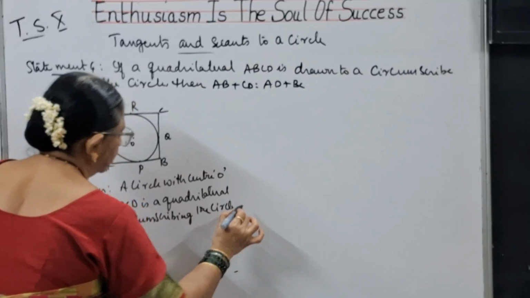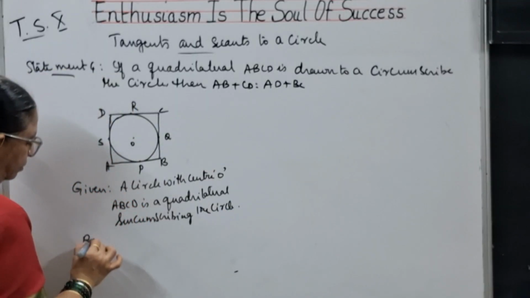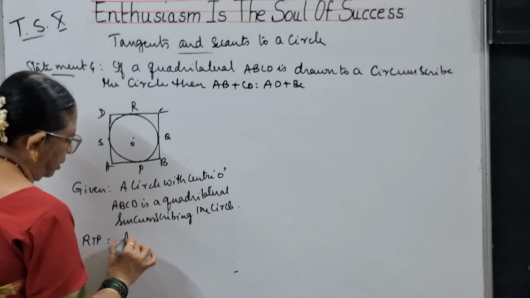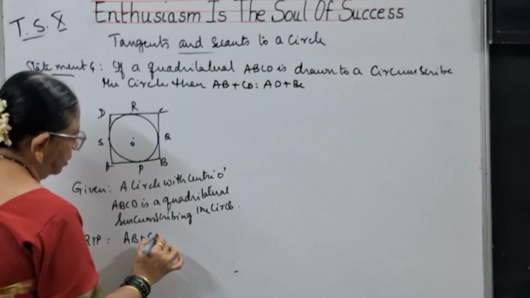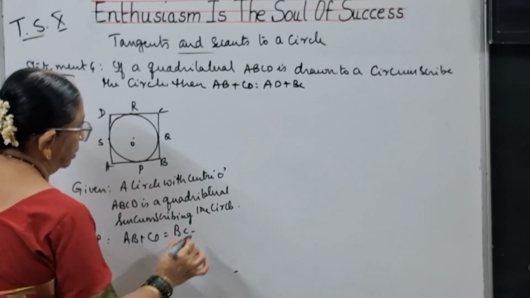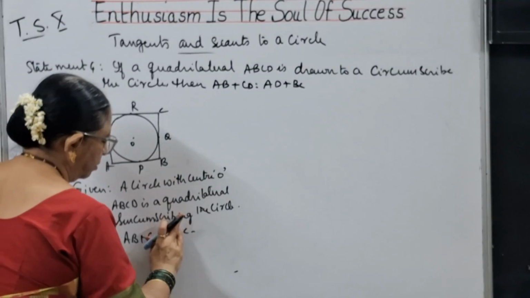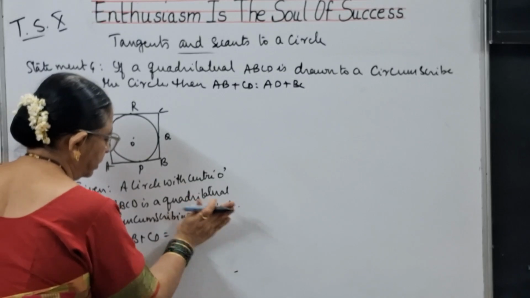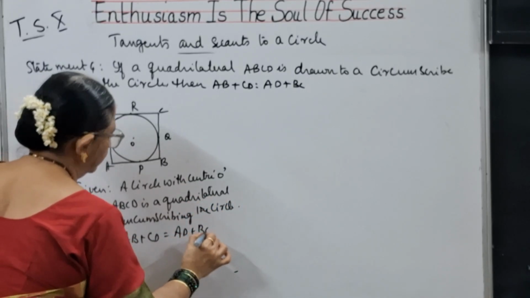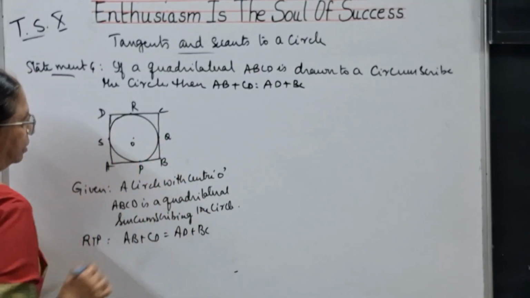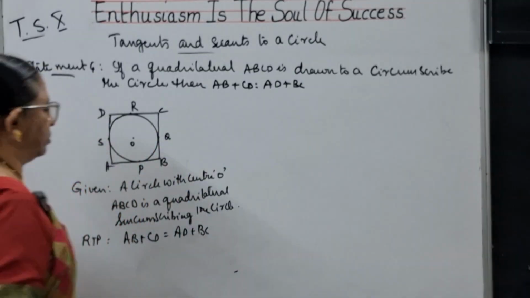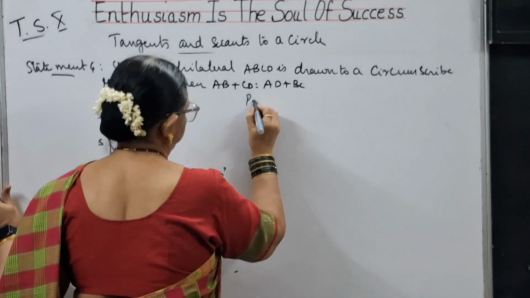Now, what is RTP? You have to prove that AB plus CD is equal to AD plus BC. This you have to prove. So let us see the proof.